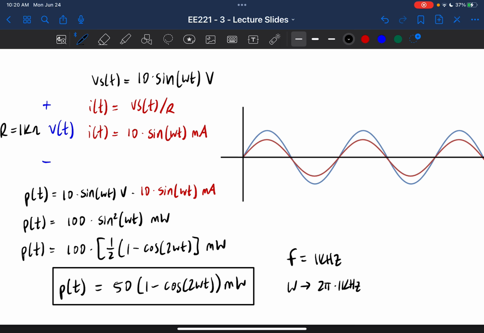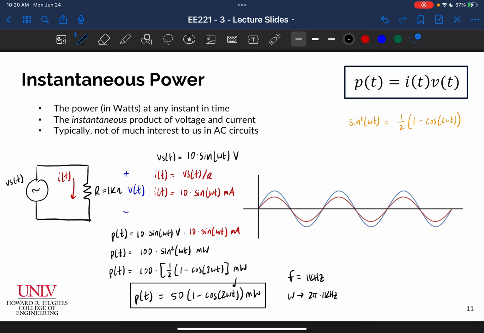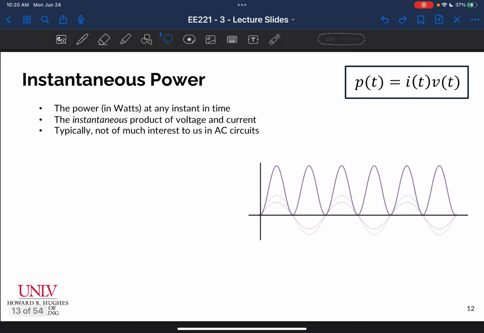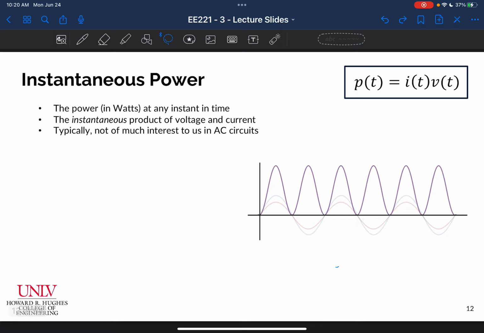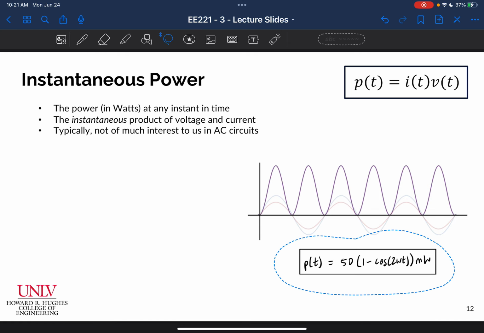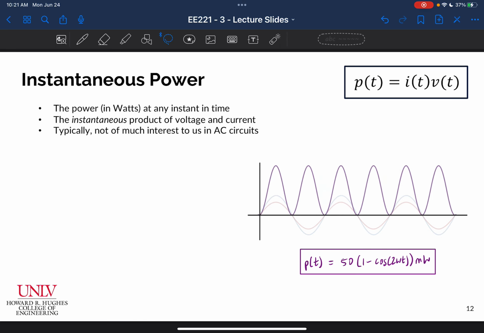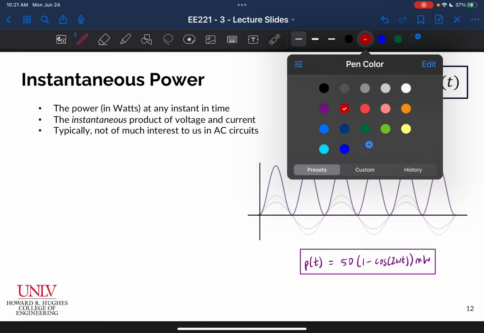And so we could plug that value in, we can plug in a value of time, and we could determine the value of the power being dissipated at a particular instant in time. Okay, so let's just grab this and pull it over, because I actually plotted this on the next page here. My purple trace here, let's make this purple just for that reason, my purple trace here is the power.